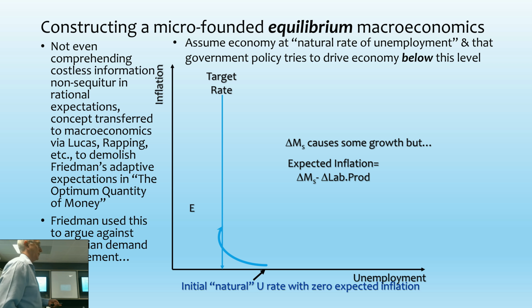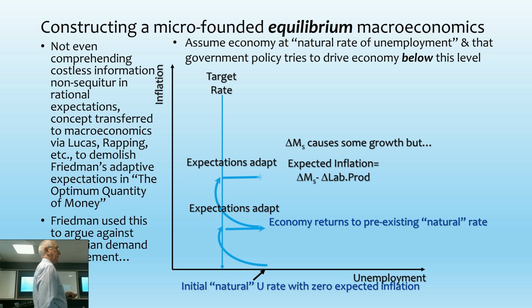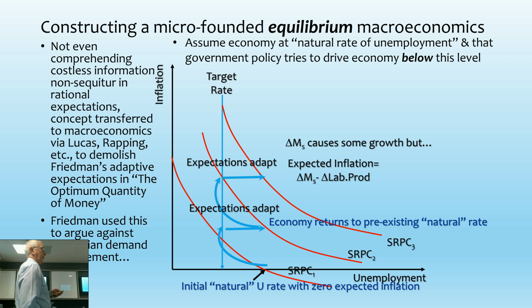Then, because of that high inflation, over time you adapt and realise it wasn't a higher level of real demand, just a high level of money-based demand. So production falls back to the natural rate with a higher rate of inflation. The government does it again, and you get a higher expectations level. What you get is a Phillips curve that moves out: the short-run Phillips curves move out as the money supply grows too quickly, with a long-run vertical Phillips curve.